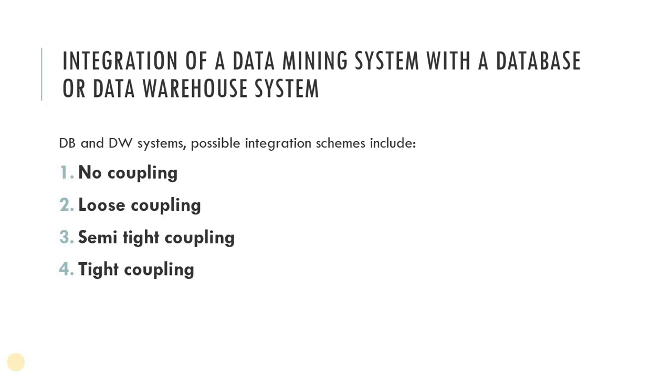So that is loose coupling. Loose coupling means only some of the functionalities of the data warehouse are used by the data mining system. The third one is semi-tight coupling.